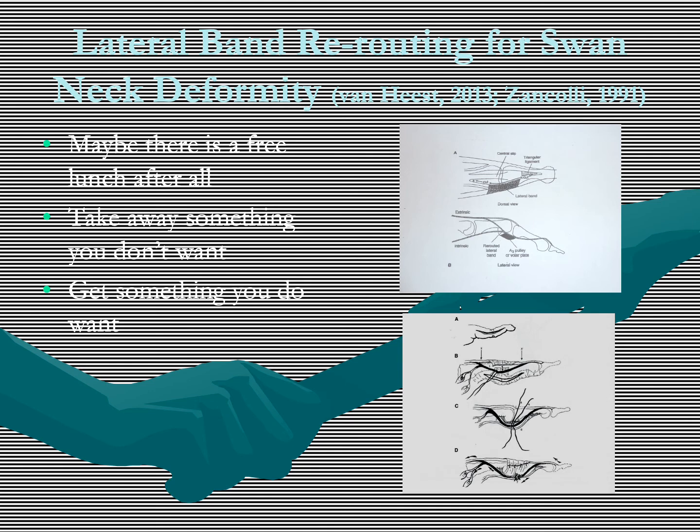In the lower picture here, you can see the radial lateral band is sutured inside the flexor tendon sheath, and that will take away something that you don't want, that is overpull dorsal to the axis of rotation of the PIP joint, and give you something that you do want, which is essentially a check rein on the volar aspect of the digit.